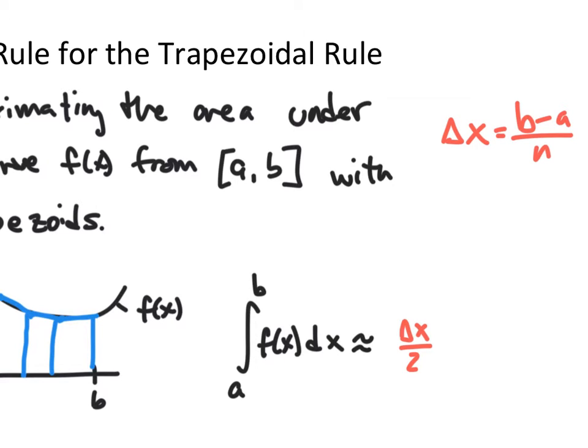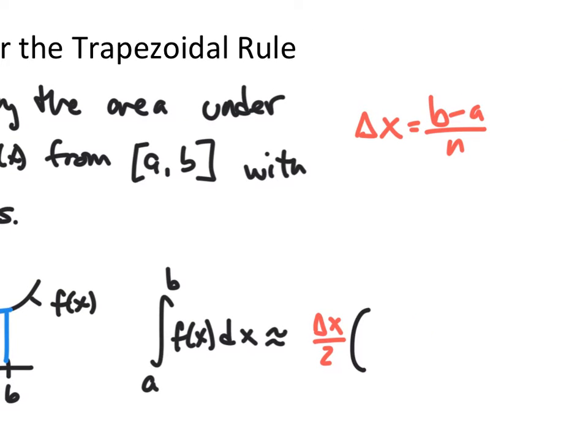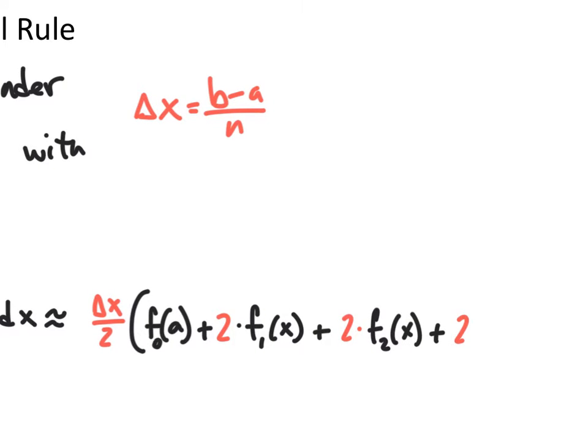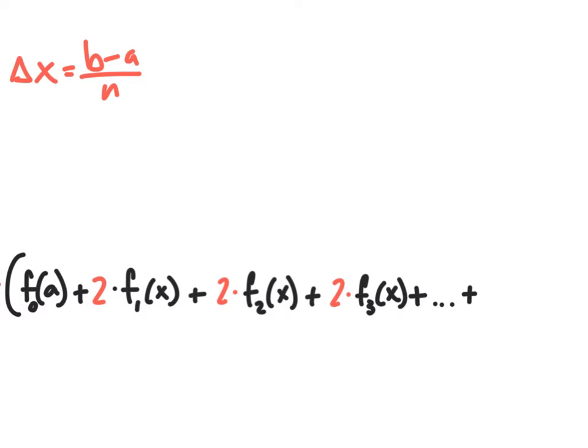And then what I would do is multiply that by the sum, and we kind of already discovered this, that I'm just going to take it times the first function value, f of a, plus 2 times f sub 1 of x, plus 2 times f sub 2 of x, and then plus 2 times, say, f sub 3 of x, and I'm going to add up all those terms in between, dot, dot, dot, and then plus 2 times f sub n minus 1 of x, and that's my second to last term.